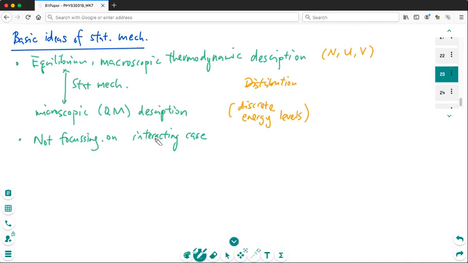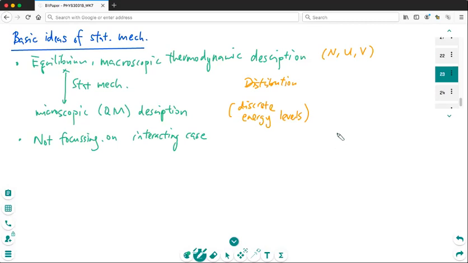Because when we write the internal energy of our system, the non-interacting case will appear very different from the interacting case. In the non-interacting case, we don't need to care about the interaction energy. I can have a very quick way to just do some accounting. I do some survey, I go around and see all the energy levels, and then I count how many particles are occupying those levels.